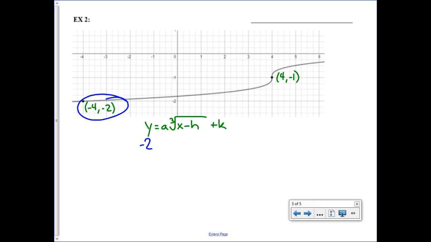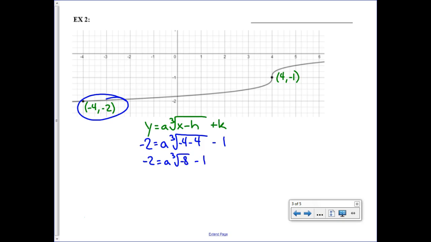So -2 is my y value, a. The cube root of that x value is -4. Then I have minus my vertex point. So -4 plus a -1 or -1. So I'm -2 equals a. The cube root of -8 minus 1.